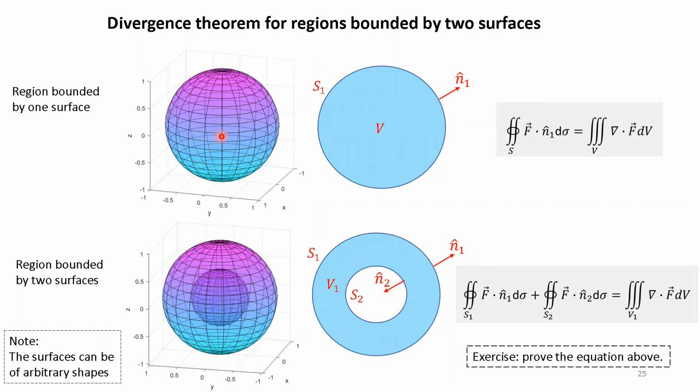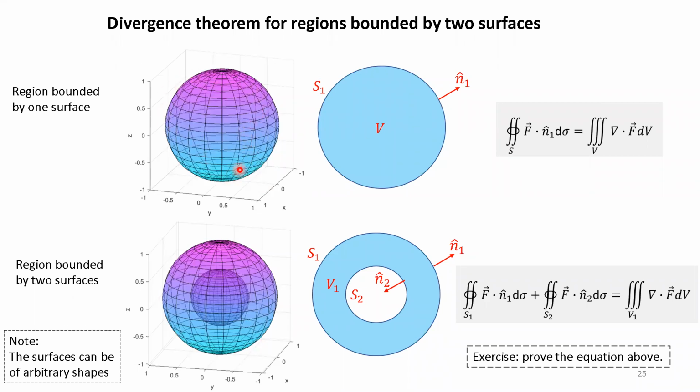The divergence theorem that we have learned is that the outward flux of this vector field through this closed surface equals the volume integral of the divergence density, the flux density, over the entire volume enclosed by the surface.